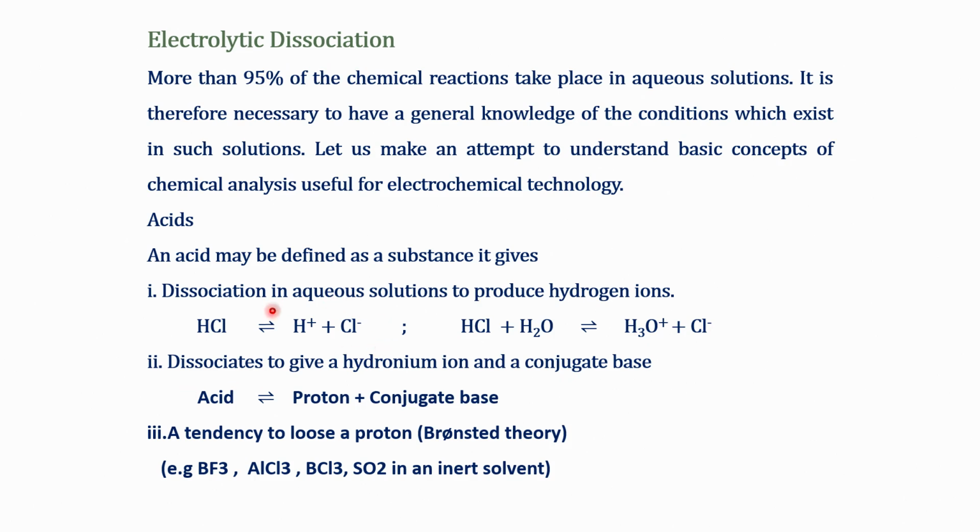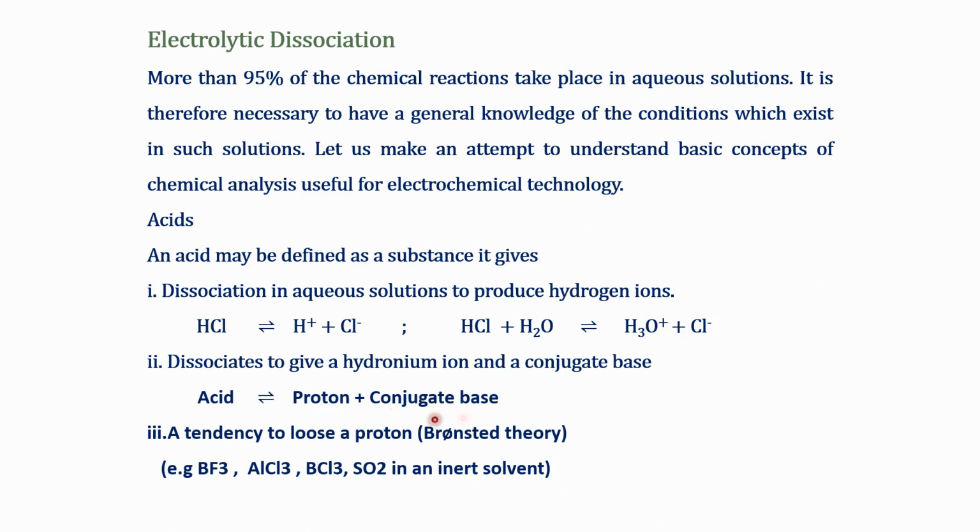So, it dissociates to give a proton, H plus. I can write that an acid is in equilibrium with a proton and its conjugate base. What is a base? What remains if you take out the proton is the base. Normally, our concept of base is that sodium carbonate is a base, sodium hydroxide is a base, potassium hydroxide is a base, calcium hydroxide is a base.